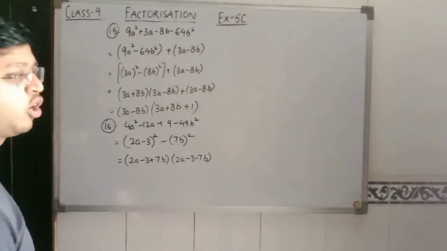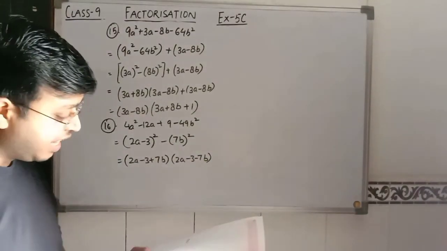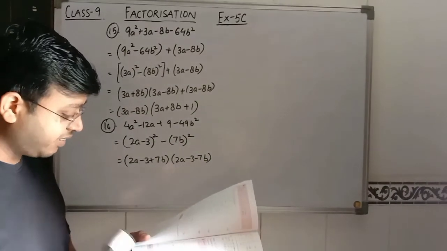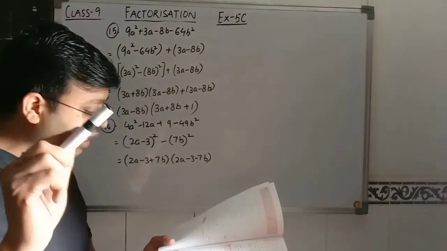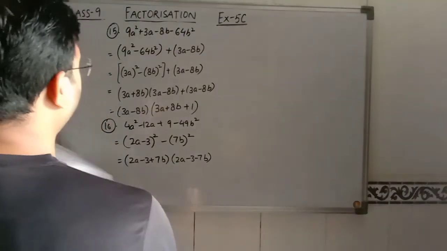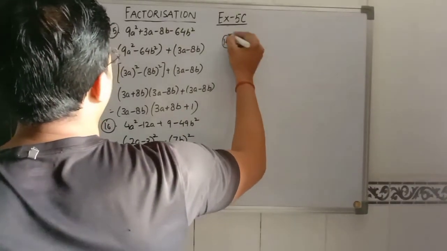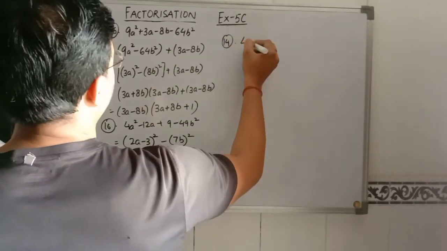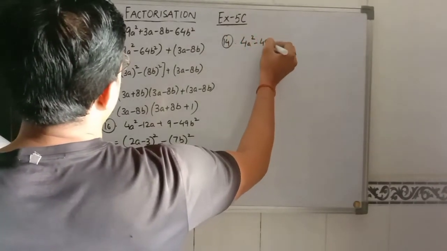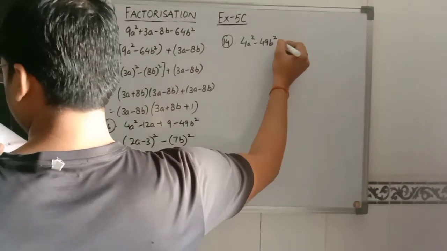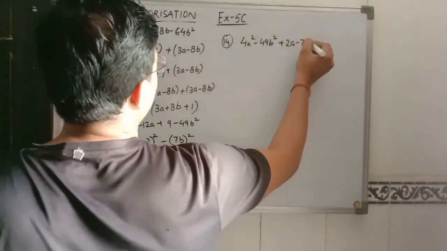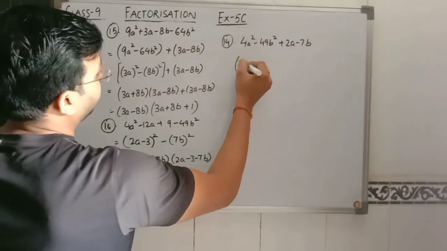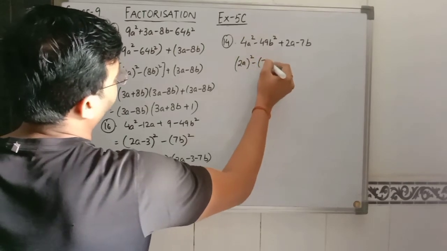I have forgot to tell you question number 14. So now observe question number 14 actually. What was that? That was 4a square minus 49b square plus 2a minus 7b. This is also an easy question. This can be written as 2a square, this can be written as 7b square.